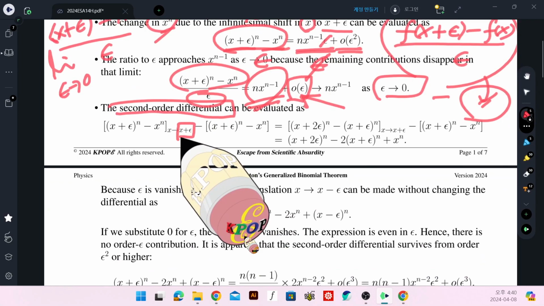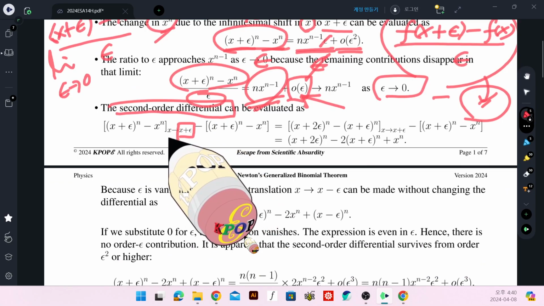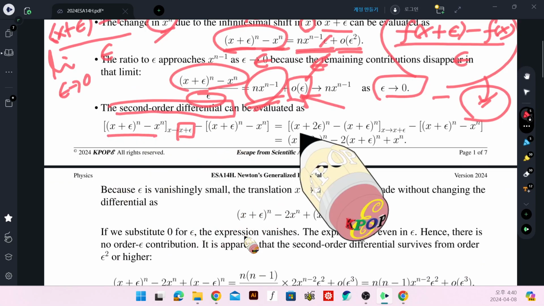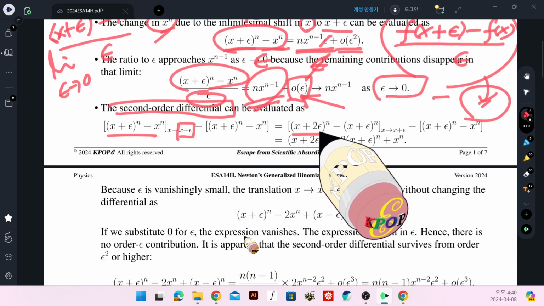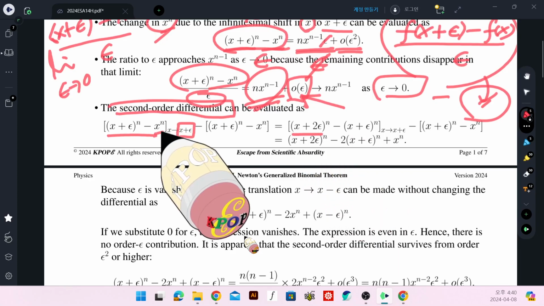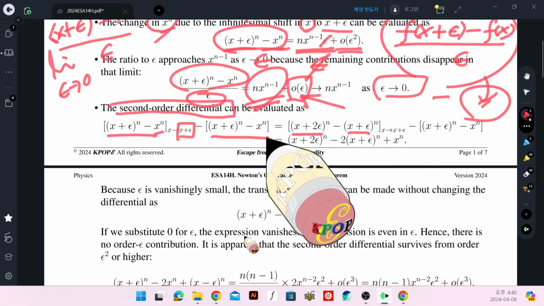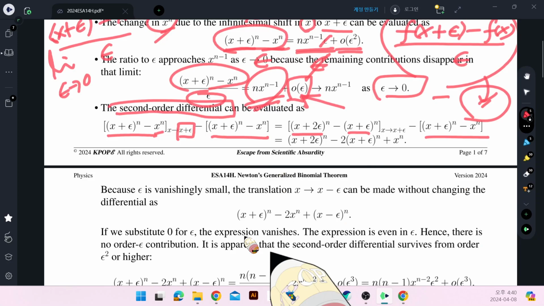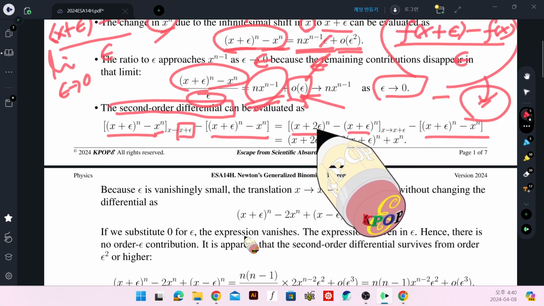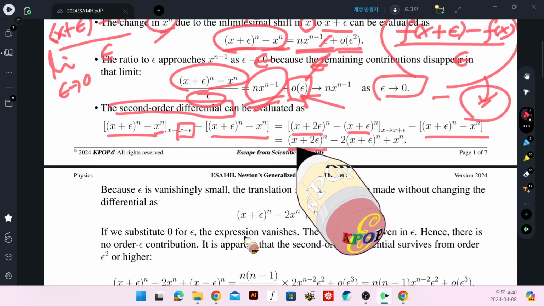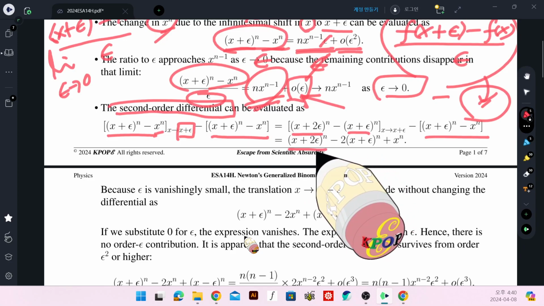Alright, if I substitute x plus epsilon for x, then this one is replaced with x plus 2 epsilon, and x is replaced with x plus epsilon. Now, this is a carbon copy. We find this is x plus 2 epsilon to the nth power.